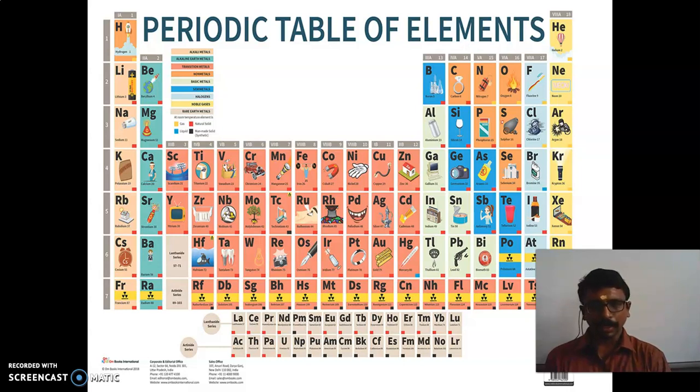The modern periodic table was discovered by Henry Moseley. Nowadays we only have to study the modern periodic table, because in that the elements are arranged according to atomic number.